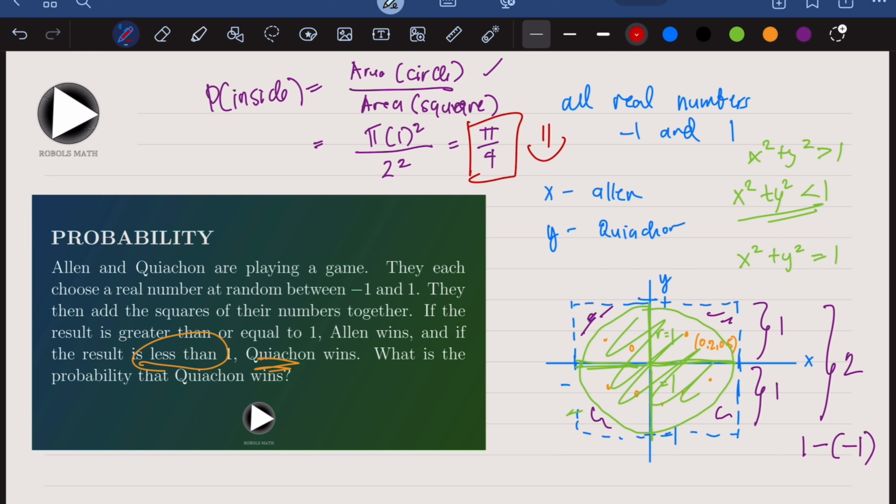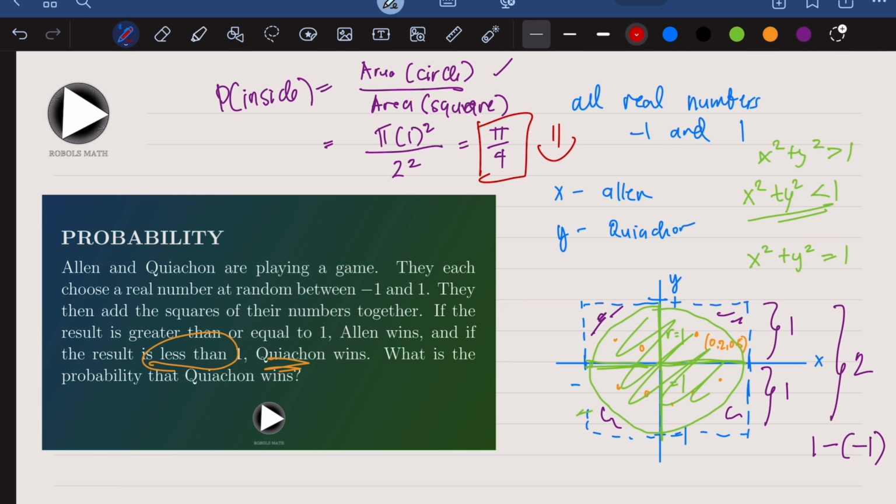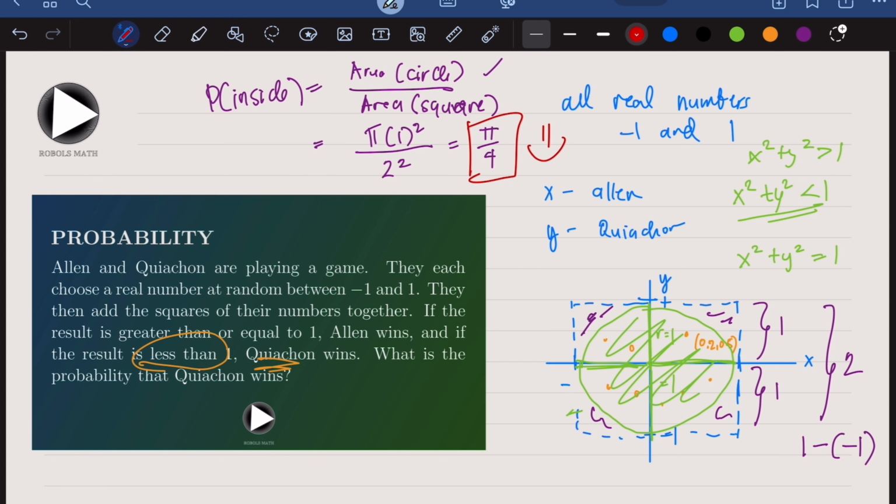Again, what we did here is we translated the given problem into a geometric probability problem, where the probability is equal to the ratio of the area of the circle and the area of the square. This is the probability that Quaichon will win. If the question is instead what is the probability that Alan will win, we just subtract this value from 1.